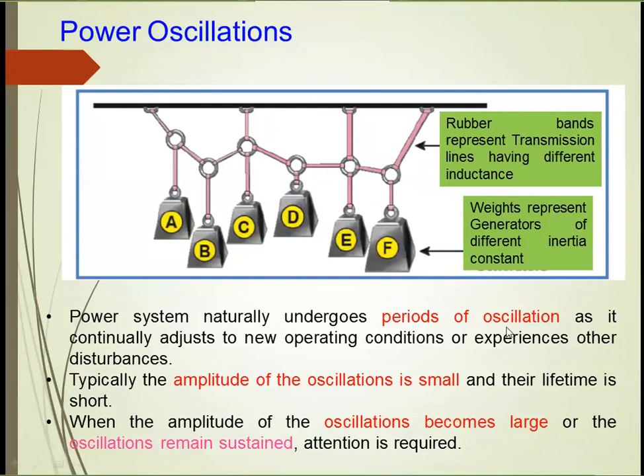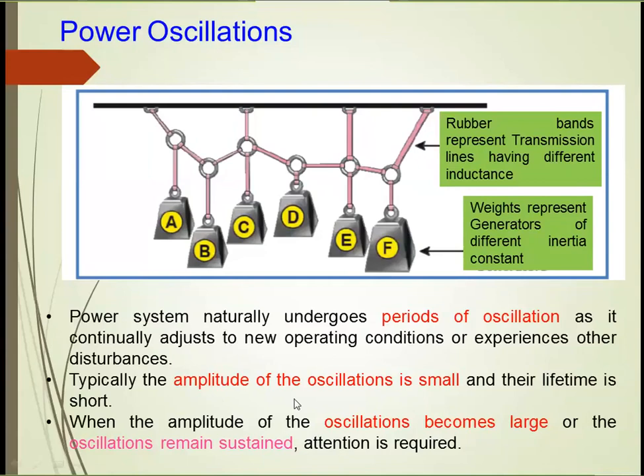Because we have a load flow, if there is a change in the load or a change in the generation in the power plant, the power system will try to adjust to a new operating point and attain an equilibrium condition.